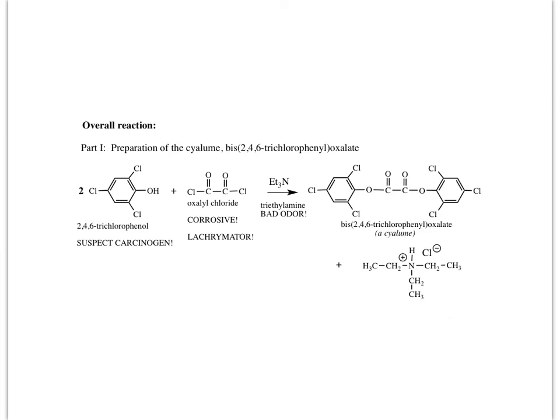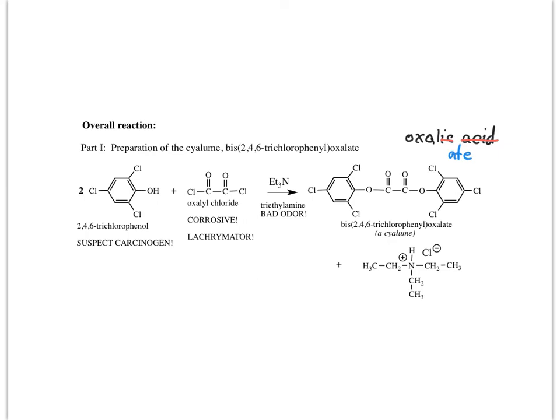If we start with the name oxalic acid, you take off the ic acid and replace it with ate as part of naming the ester. So this is a diester of oxalic acid.